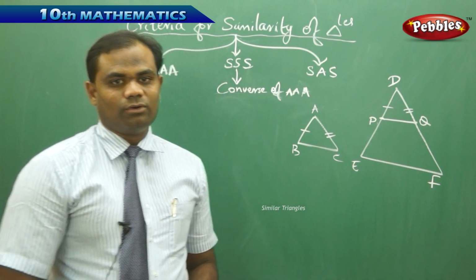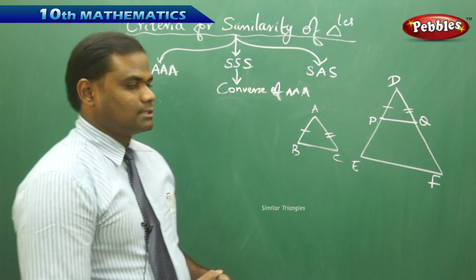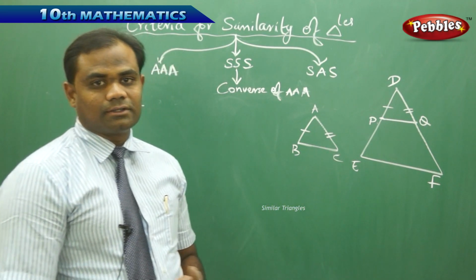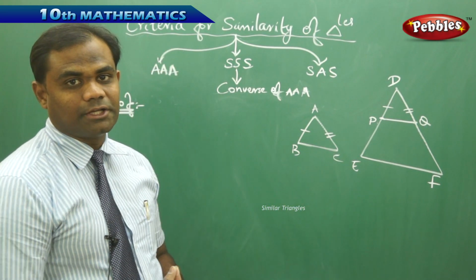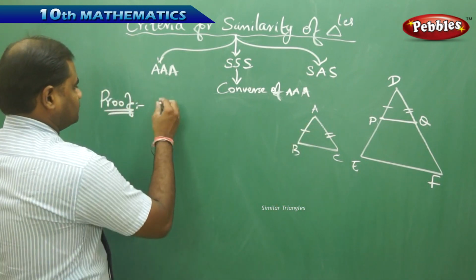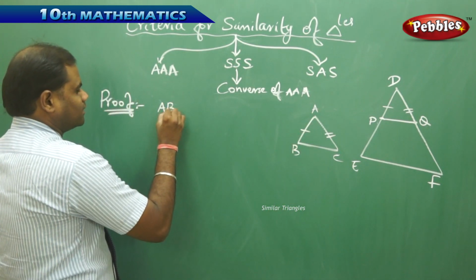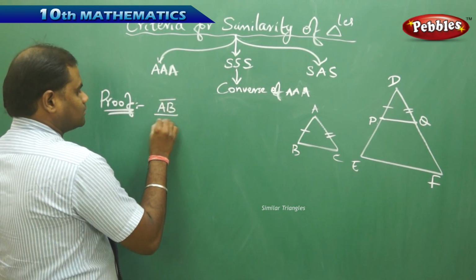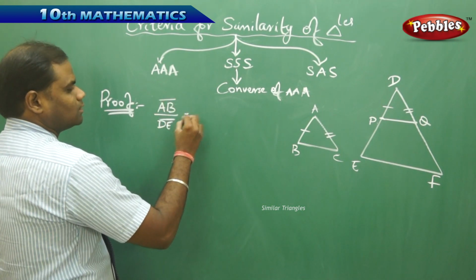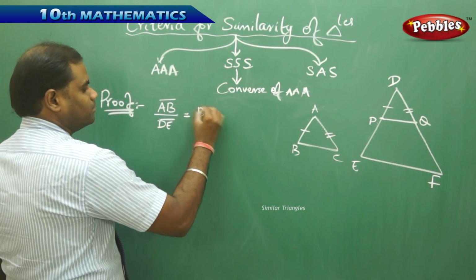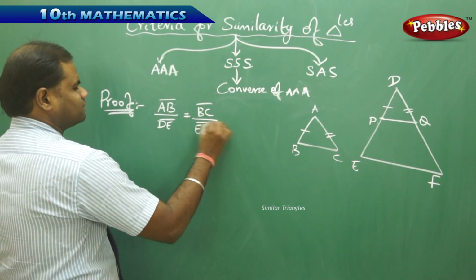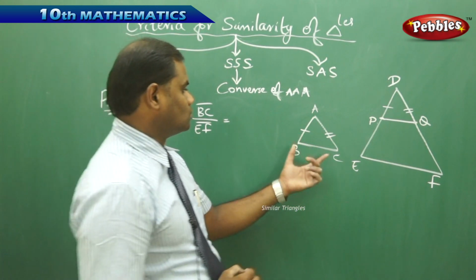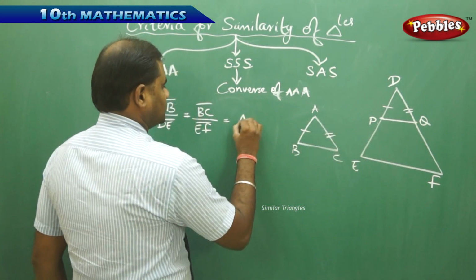Now to start with the proof, clearly let's take the given condition that the corresponding sides are in the same ratio. Therefore, when I have the corresponding sides of triangle ABC and DEF, AB by DE is equal to BC by EF, which is equal to AC by DF.